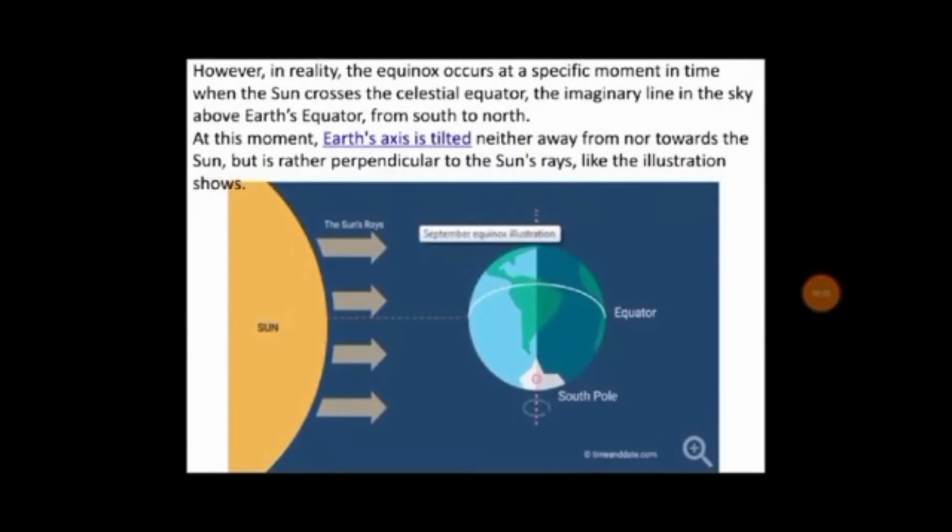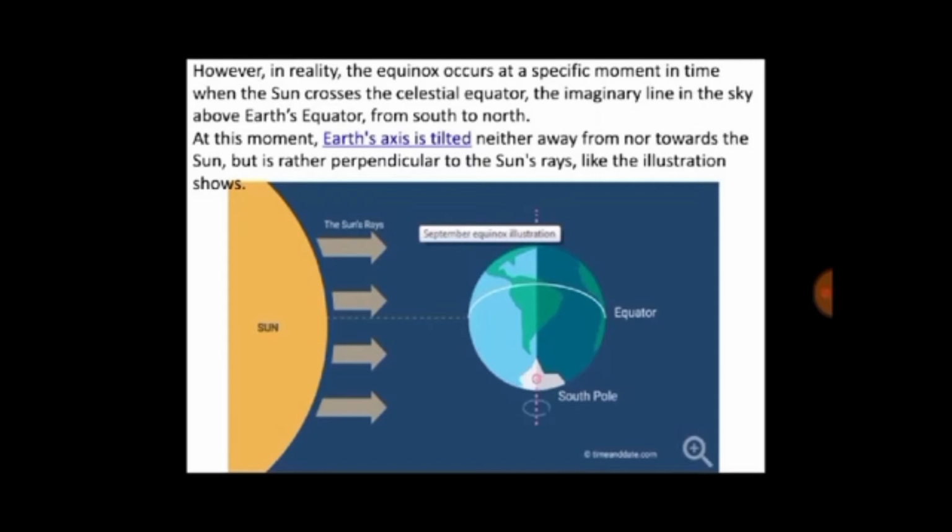So children, let's see how equinoxes occur. However, in reality, the equinox occurs at a specific moment in time when the sun crosses the celestial equator, the imaginary line in the sky above Earth's equator, from south to north.